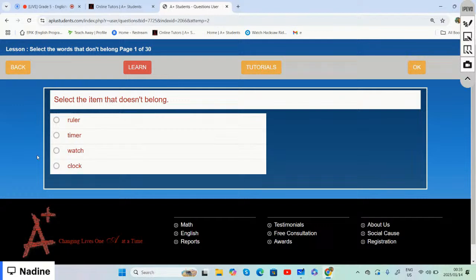Which option does not belong? So the words that don't belong.